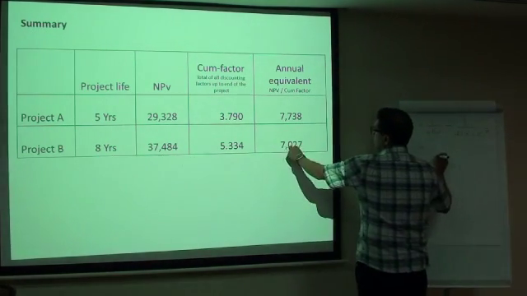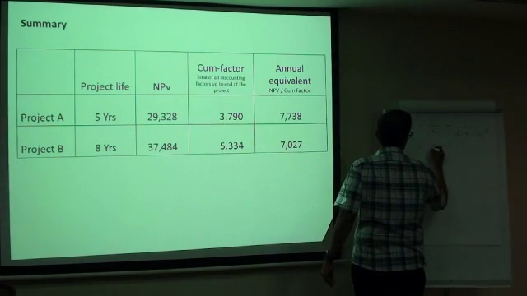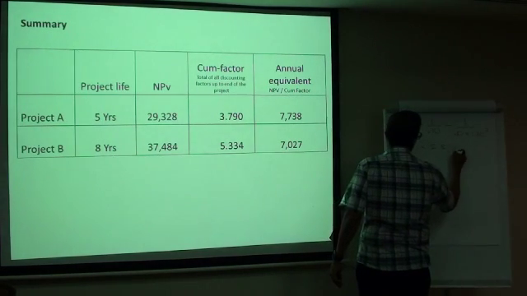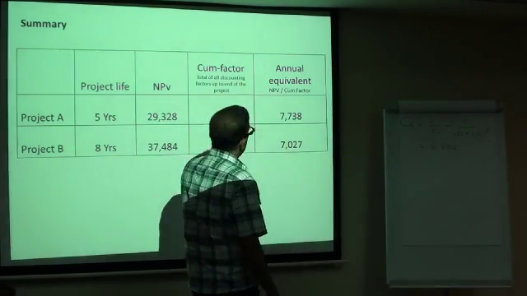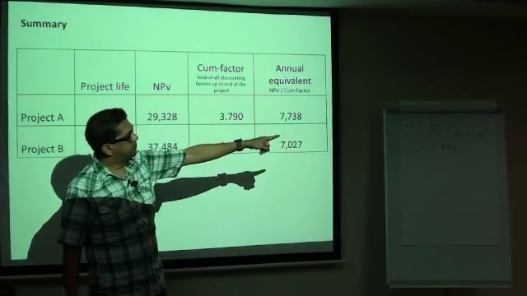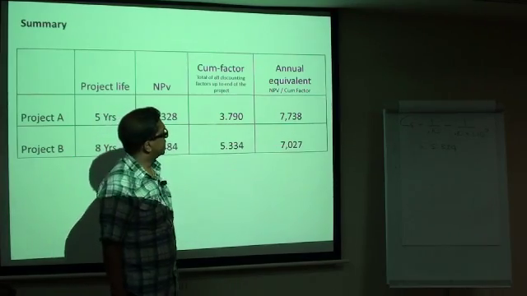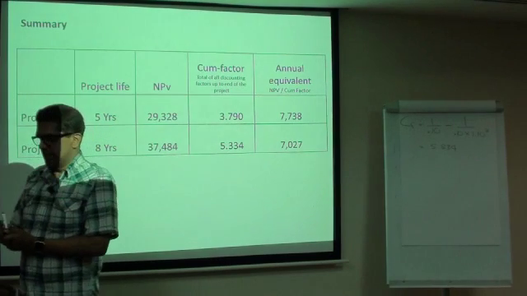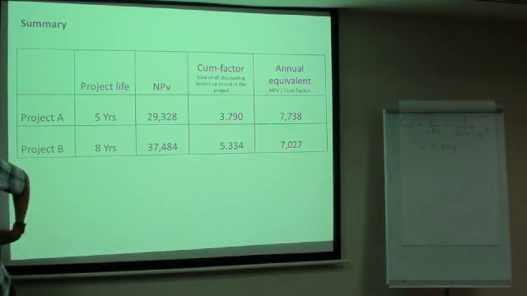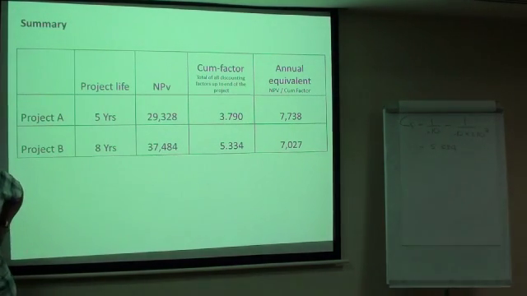If you calculate this, you will get 5.334. And if you put 5 here in the place of 8, you'll get 3.790. First of all, let's digest that and then answer this very interesting question.